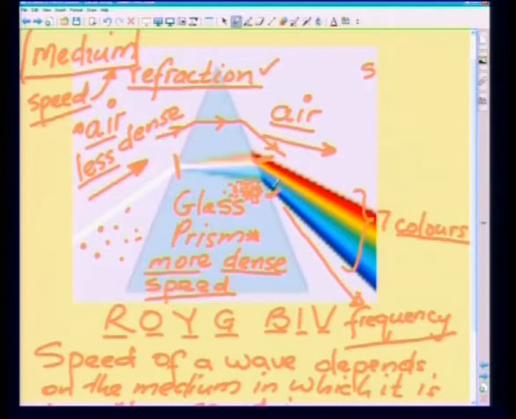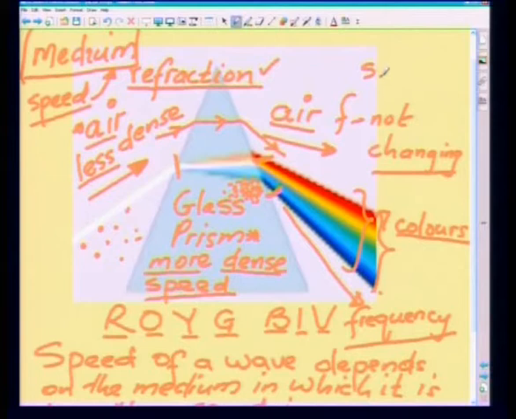The frequency of the waves is not changing. The frequency of the electromagnetic radiation there is not changing. The side with high frequencies is bent more, or changes direction more, than the side where you've got low frequencies, and that frequency remains the same.